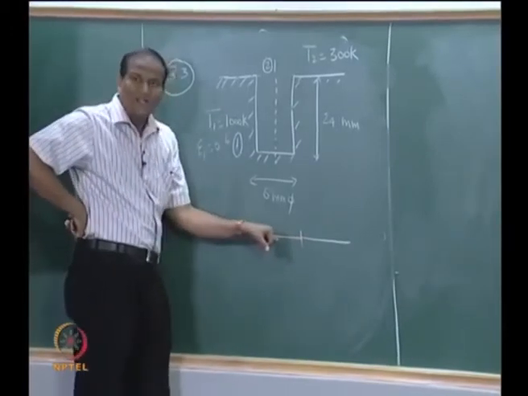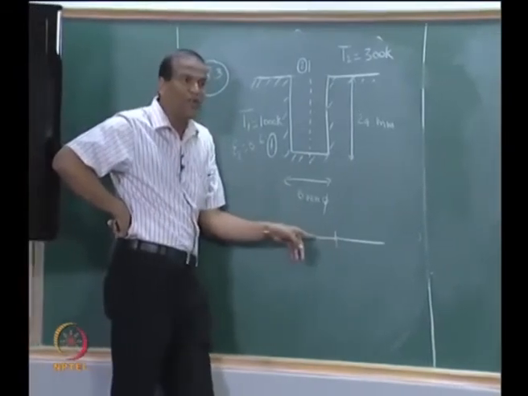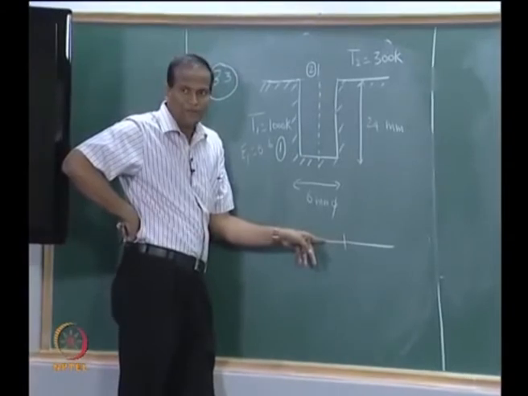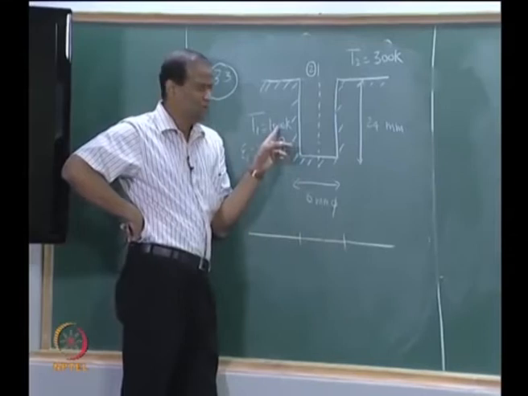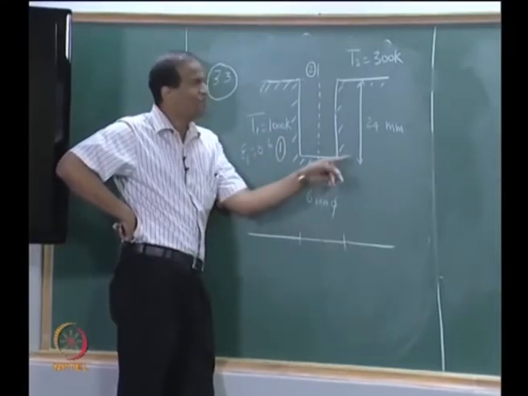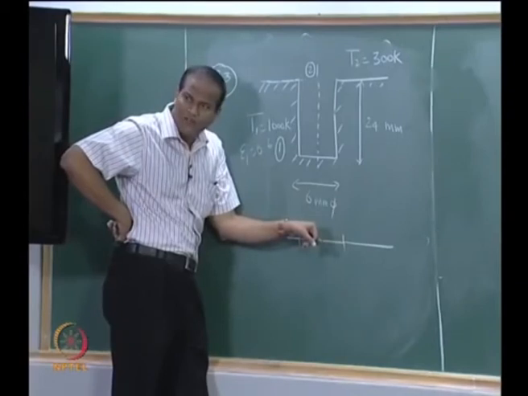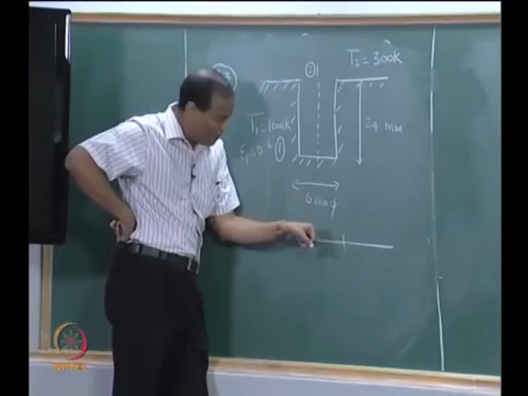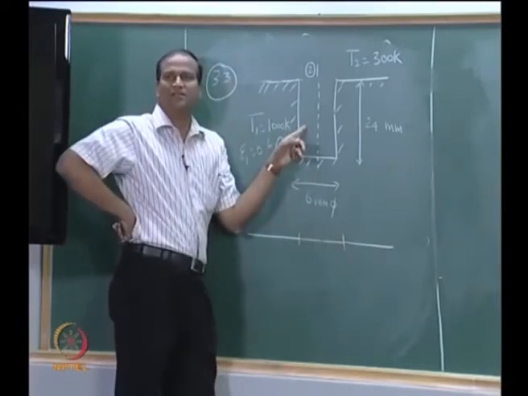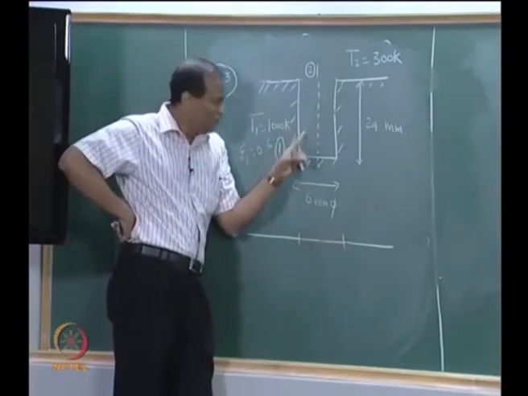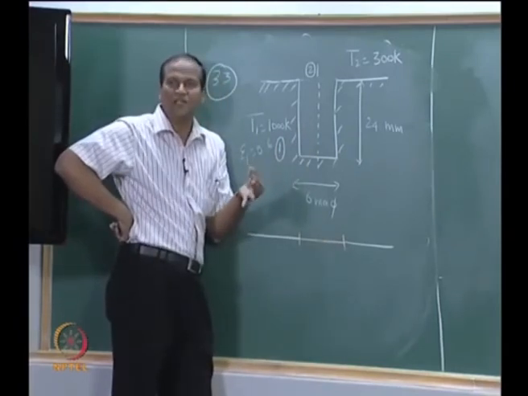But now I say this circle of 6 millimeters radius is a surface which is a black body. Now this is at 1000 Kelvin. It is also losing heat to the surroundings at 300 Kelvin. This will dissipate a certain quantity of heat to the surroundings. I want to see compared to this how much this will dissipate. The ratio of these two is called the effective emissivity.